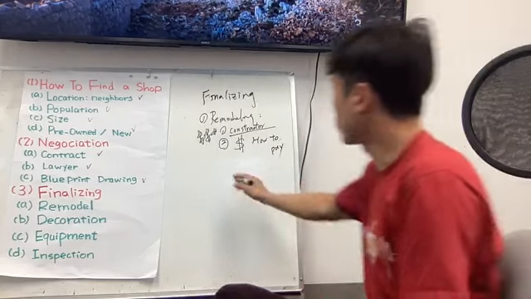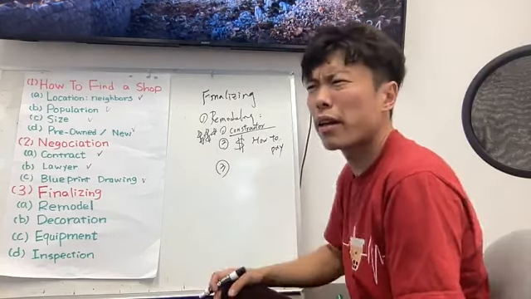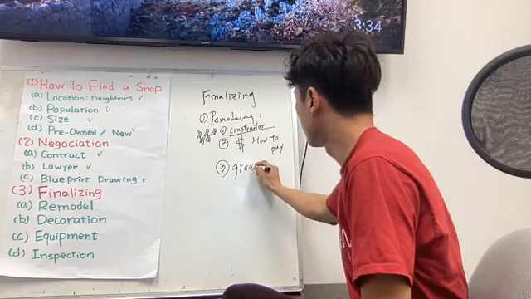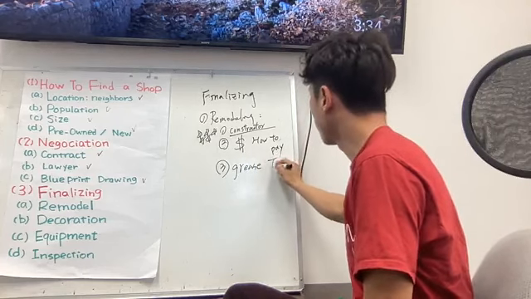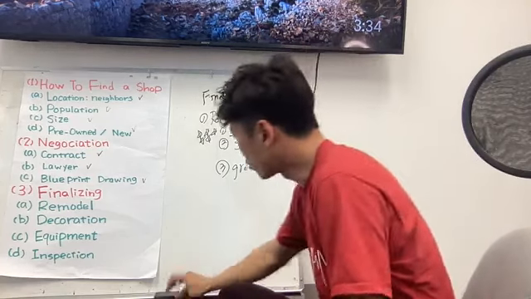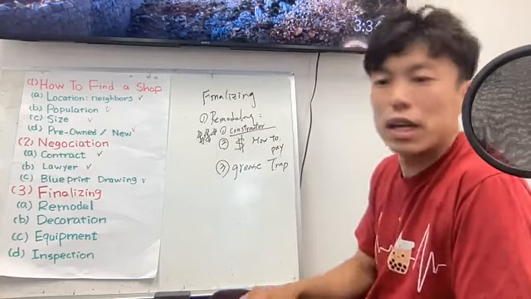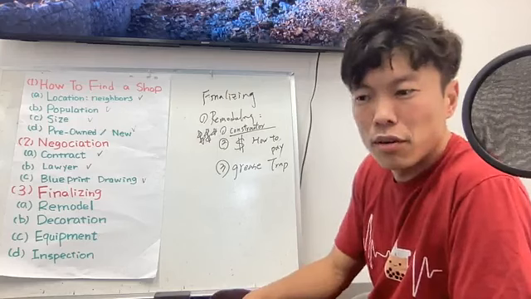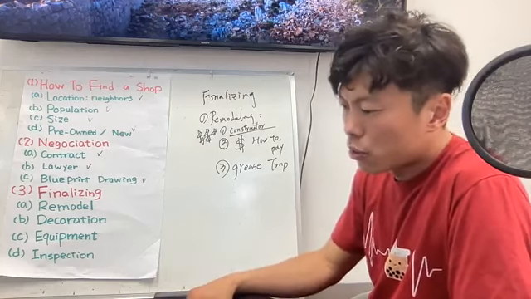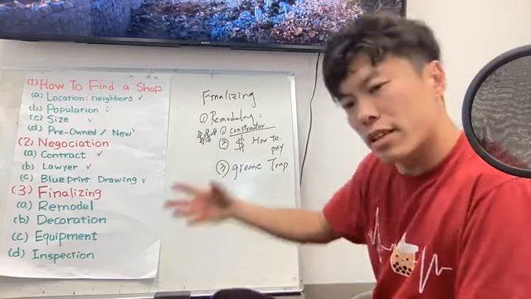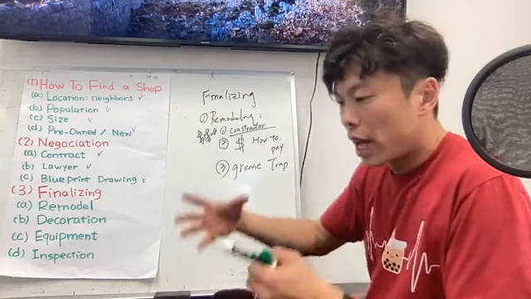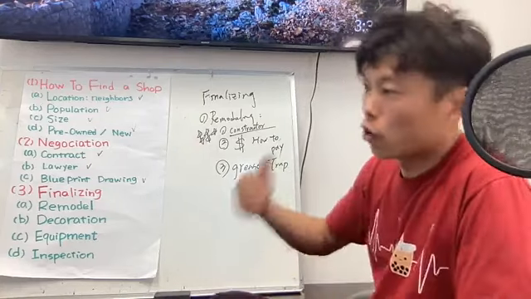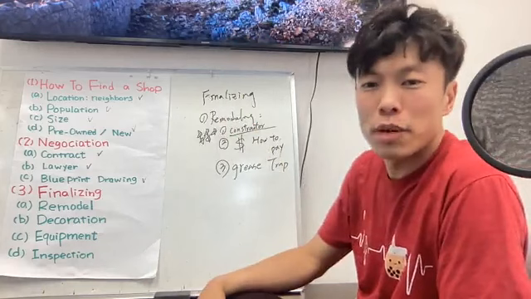Okay, number 3: the grease trap. The grease trap is really important for every single store, but that's money you have to spend. You have to ask the city hall whether the grease trap has to be built in the store or outdoors. That's a very different price.